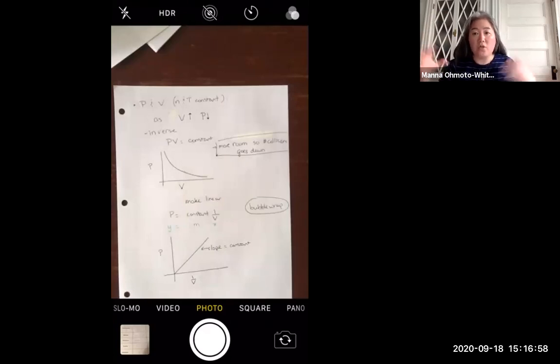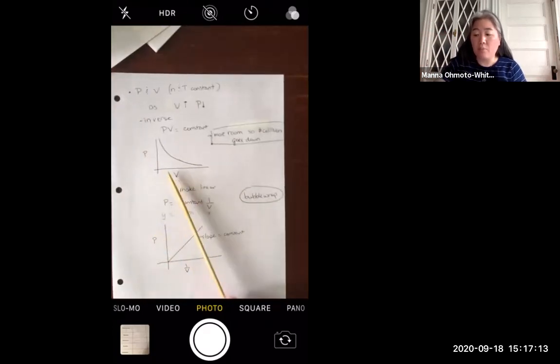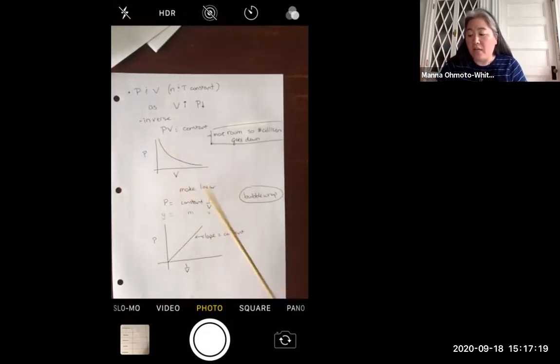Pressure against the walls is like going like this. If I expand the size that's given to them, they're going to hit the sides of the container less frequently, and so the pressure is going to go down. Or if I decrease the volume with bubble wrap, then the pressure will increase to the point where it bursts through the bubble. So we don't like these graphs.